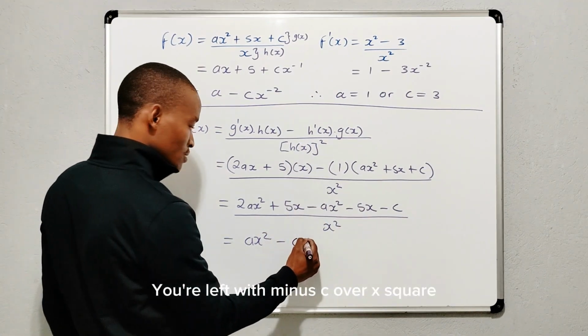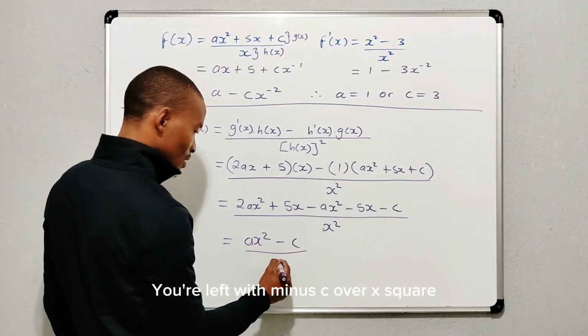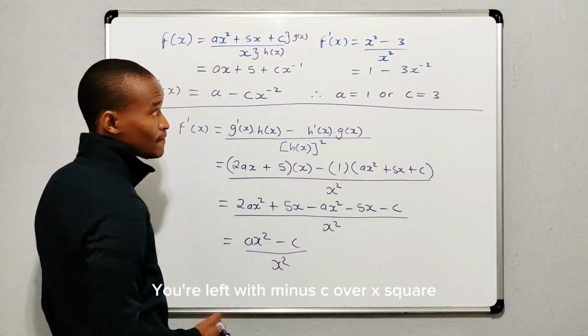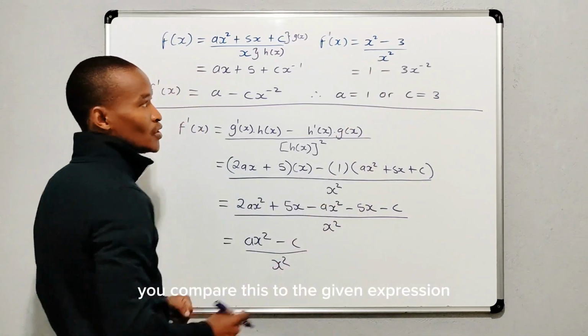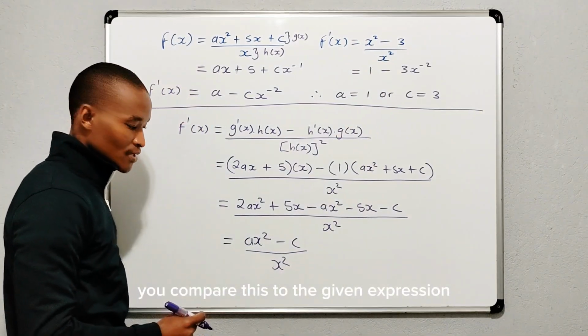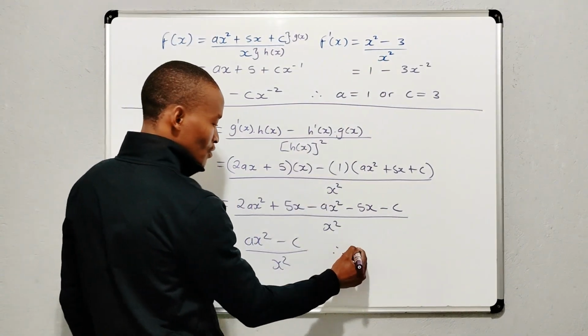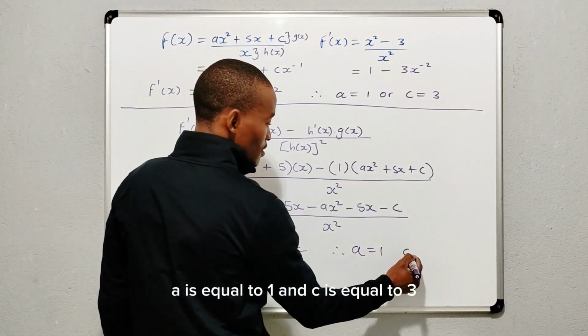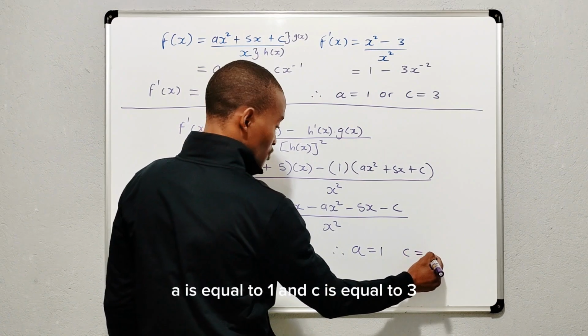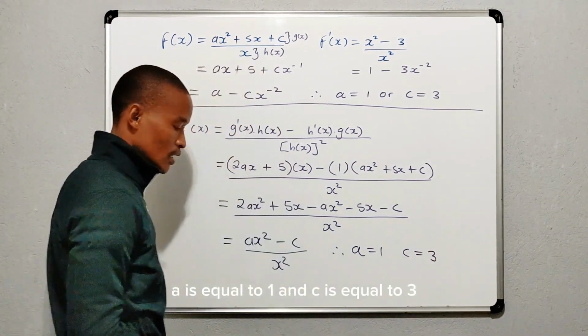You are left with ax squared minus c over x squared. Okay, you compare this to the given expression that represents the derivative, you will arrive at the same result. a is equal to 1 and c is equal to 3.